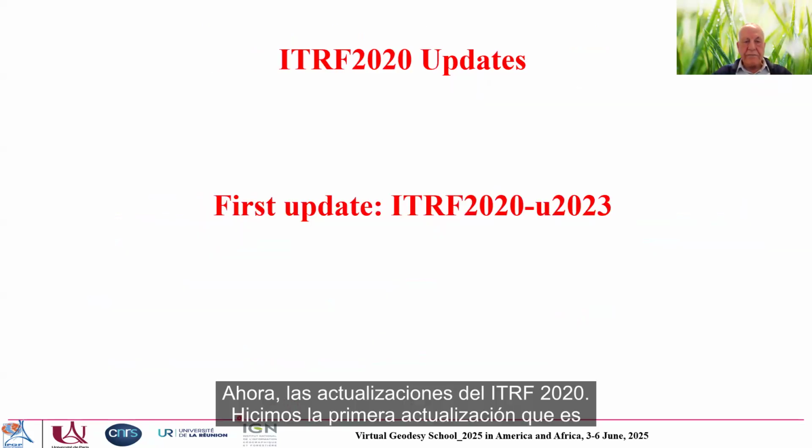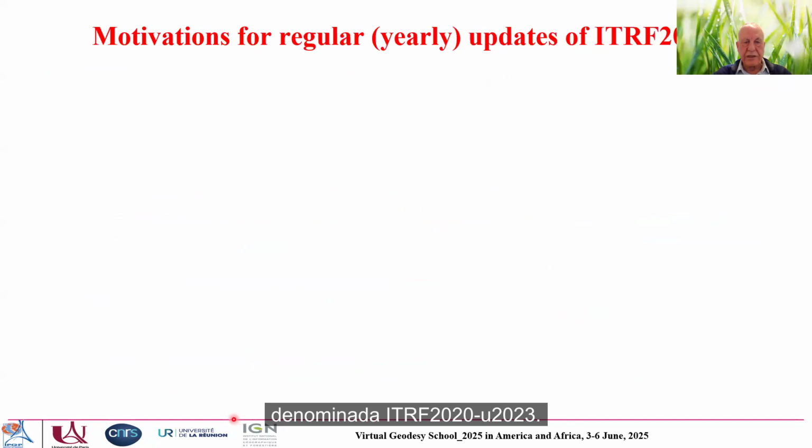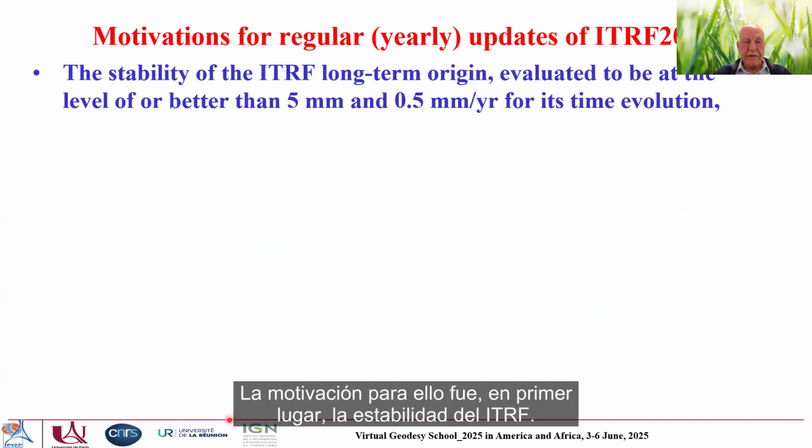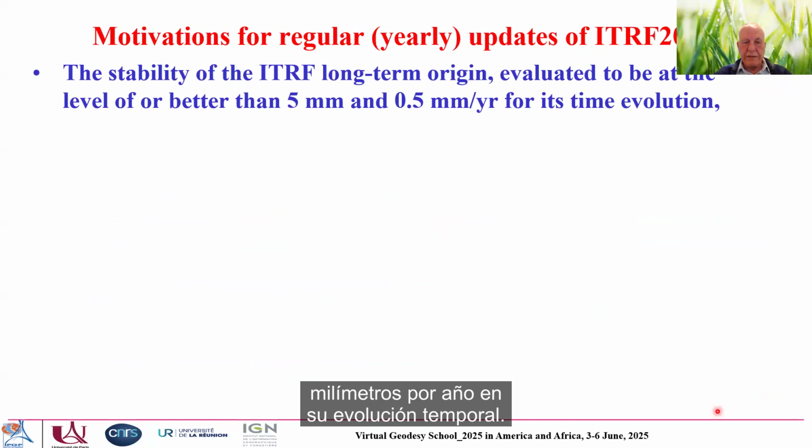Now, the updates of the ITRF 2020. We did the first update, called ITRF 2020 U2023. The motivation is, first of all, the stability of the ITRF long-term origin, evaluated to be better than 5 millimeter and 0.5 millimeter per year for its time evolution.